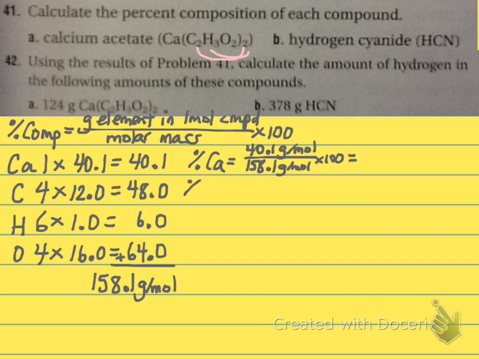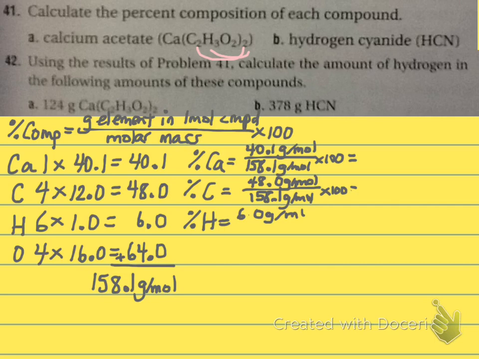For the percent of carbon, it's going to be the 48 grams per mole divided by the 158.1 times 100. For the percent of hydrogen, it is the 6.0 grams per mole divided by the 158.1 grams per mole times 100.